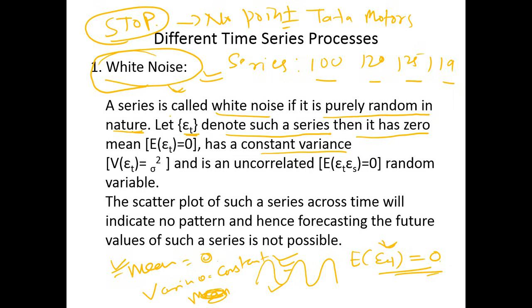It's such a random thing. One way to forecast white noise is to simply take the average. That's the best forecast you can give for the next period.